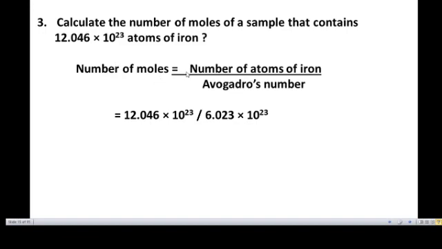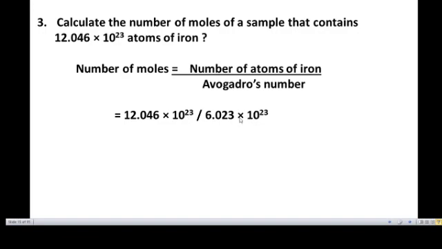So here number of moles is to be found, so we have to choose the formula related to the given values. So the number of moles is equal to number of atoms of iron by Avogadro's number.